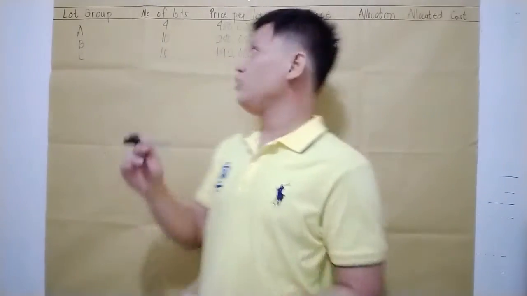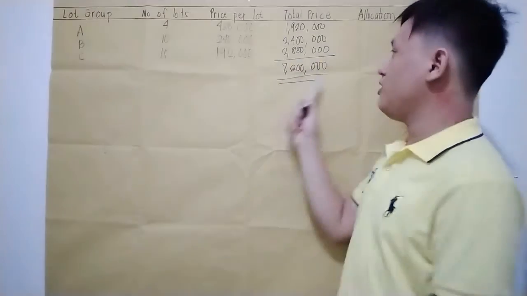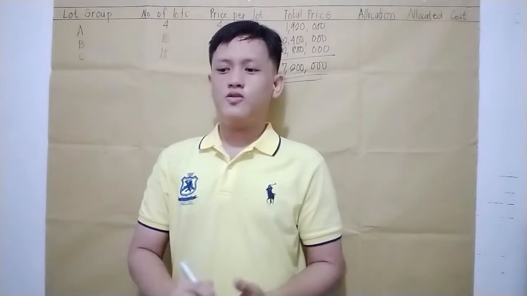To get the allocated cost, we need to multiply the cost of land by the total price divided by the overall total price. So the question is, how much is our cost of land? As stated in the problem, it has a tract of land of 2 million pesos, and it has an additional cost of 200,000 pesos.